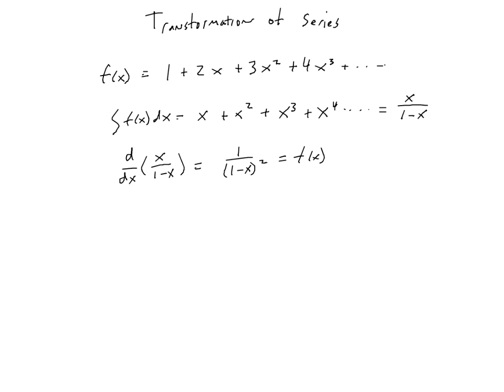So in other words, we found the infinite series by integrating until we got something we recognized, and then taking a derivative till we got back to where we started. And you could do it the other way too. You could have taken a derivative of this series, and hopefully that would have gotten you to something you recognize, but it would have been kind of hard to see with this.